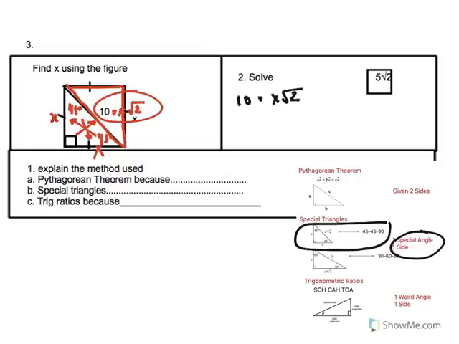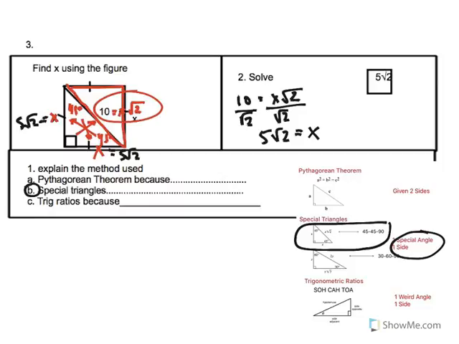So we put that information into the figure, and we see that this here is going to become our equation. So over here we get 10 equals x times the square root of 2. We have one special angle and one side. We are going to use the 45, 90 triangle.